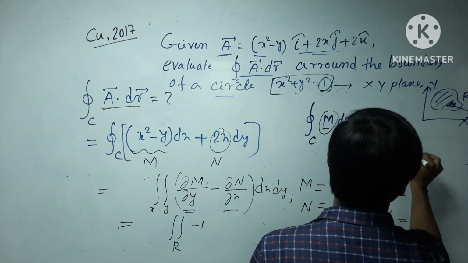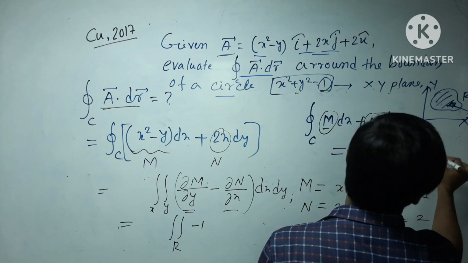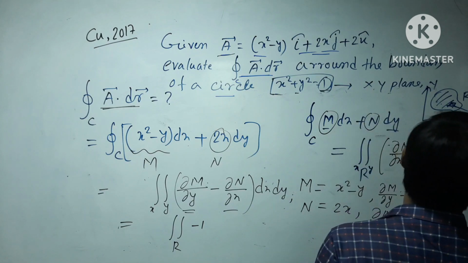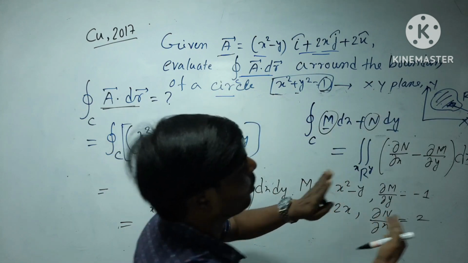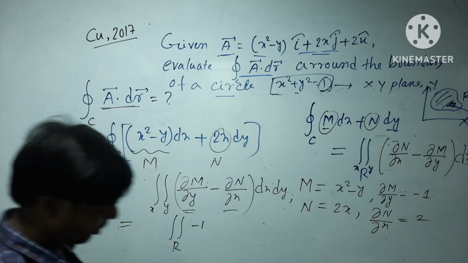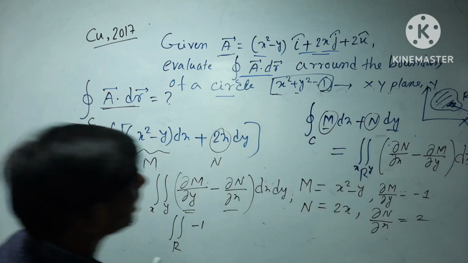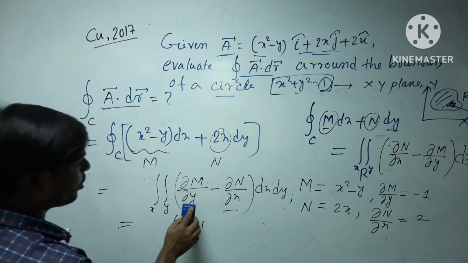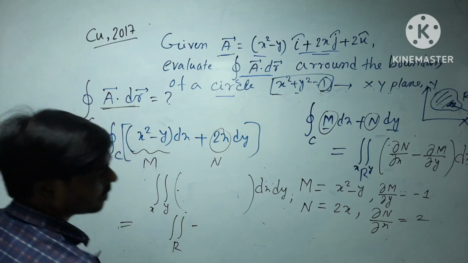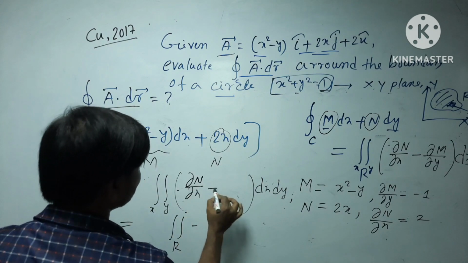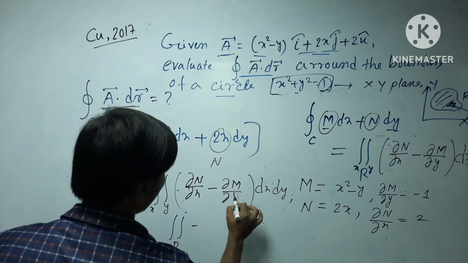Actually this is del N del x minus del M del y dx dy. Sorry, there will be a reverse way I have written wrongly. ডাইরেক্ট লেখার জন্য এই ভুলটা হয়েছে, যদি প্রুফ করে আসতাম তাহলে এই ভুলটা হতো না, সরি ফর দ্যাট। তো তোমরা এটা একটু কারেক্ট করে নাও. So this is basically del N del x minus del M del y.